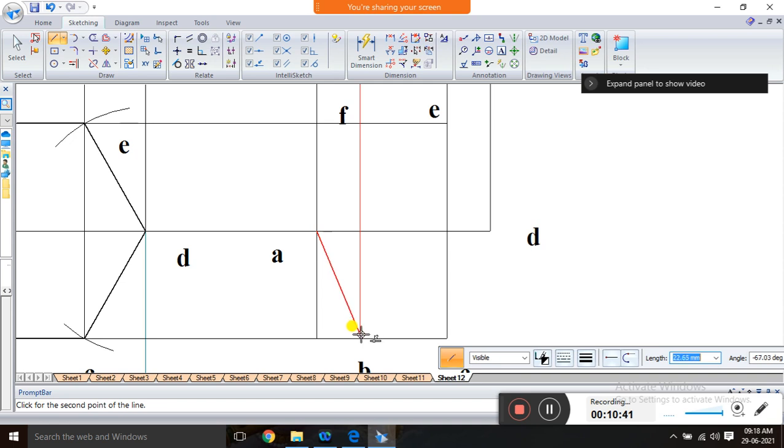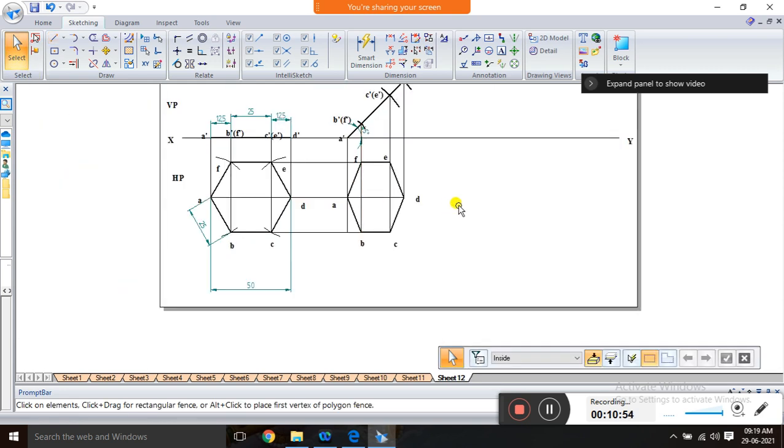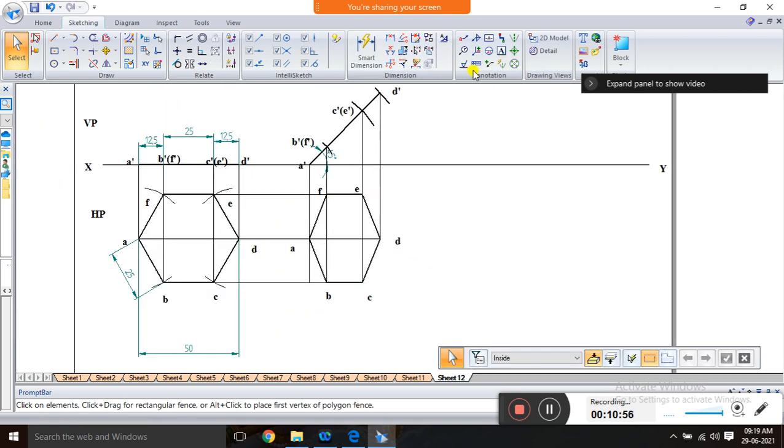A to B you have to join, B to C, C to D, D to E, E to F and F to A finally. So this is the second position, and afterwards you have to show the arrow marks.